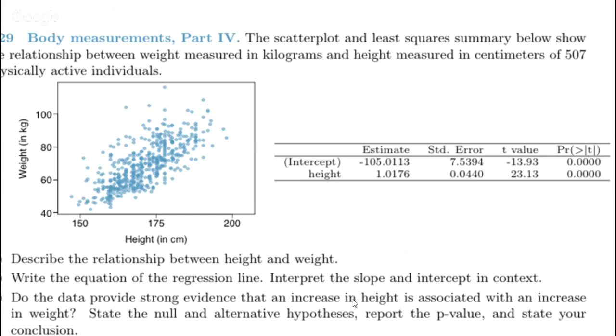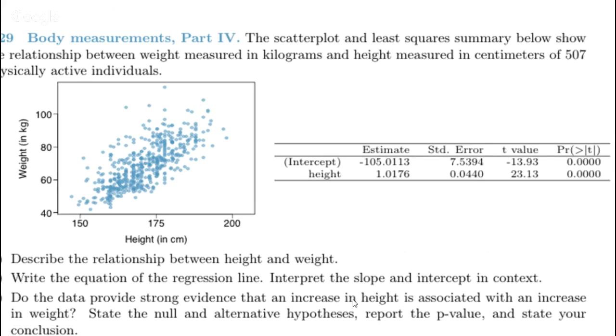Yeah, or that there is no relationship between height and weight, or that the correlation coefficient is equal to 0. Any of those. And the alternative would be that there is an association or it's not. Yeah.